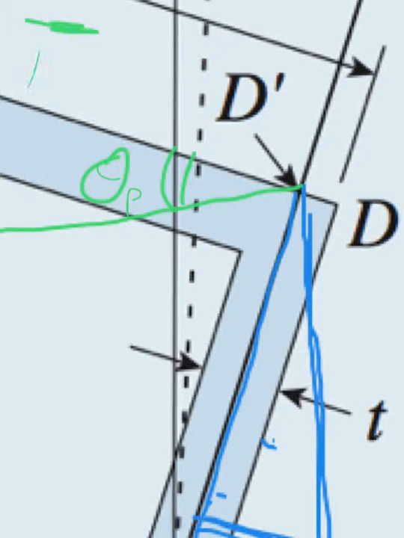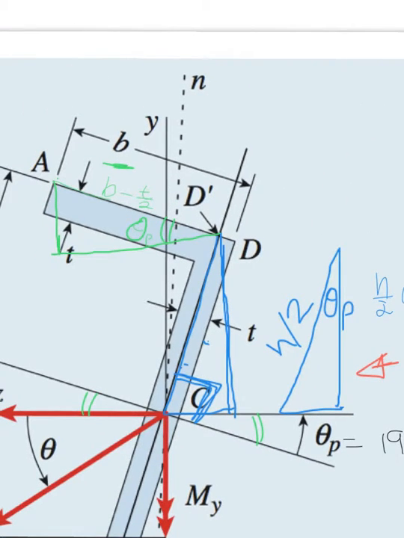So this is b minus the thickness over 2, which is the half of the thickness. That will give us the distance from there up until there. Excuse me for my terrible drawing.